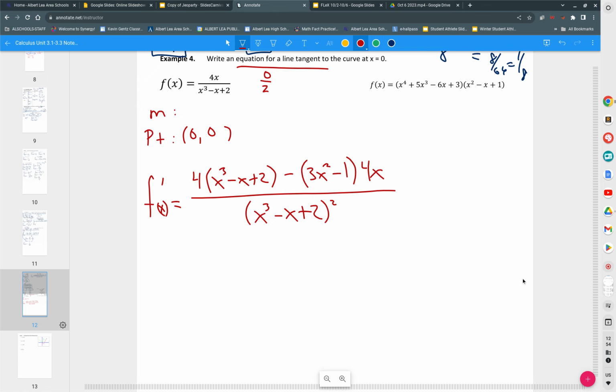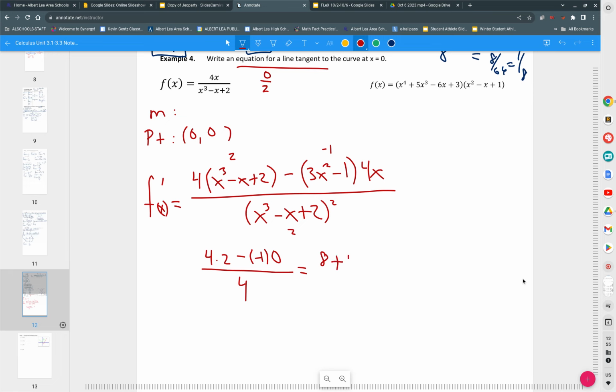If I plug in 0 for x, notice that this piece becomes 2, this piece becomes -1, and this becomes 2 down there. So I end up with 4 times 2 minus -1 times, 4 times 0 is 0. So I got a 0 over there, don't I? Divided by 2 squared, which is 4. 4 times 2 is 8.